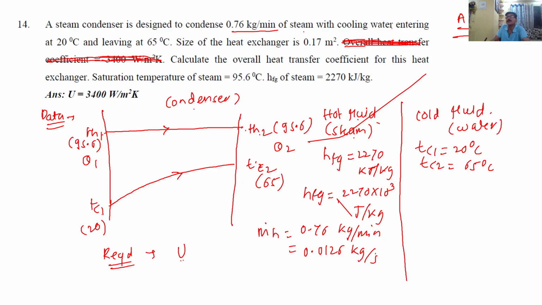What is TC1? TC1 is 20. So that is the benefit of writing on the diagram. And if I solve this, the answer of TH2 comes around 106.44 degrees Celsius. Okay, this is TH2.